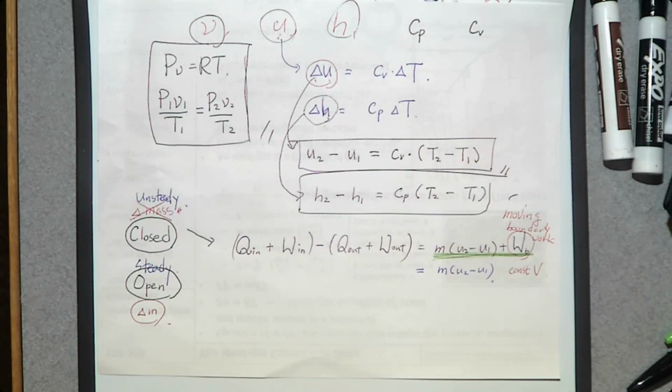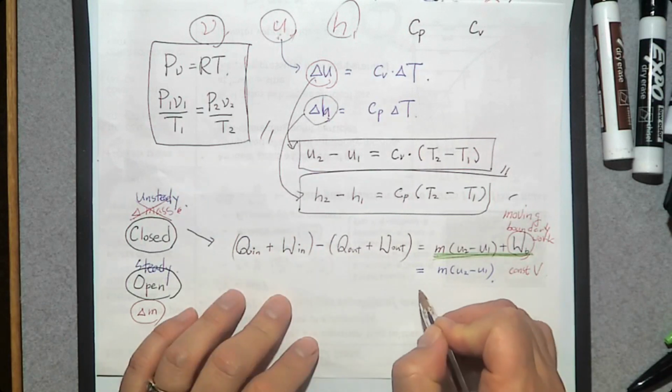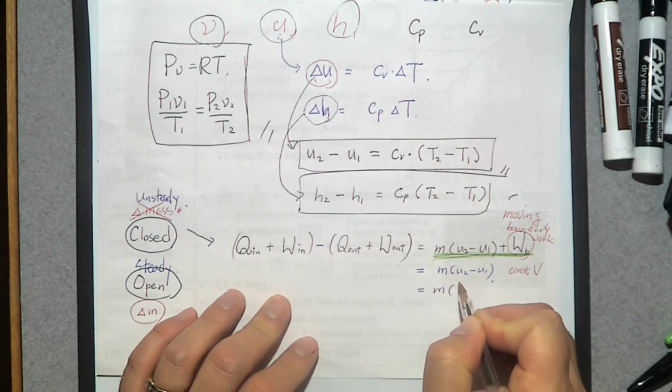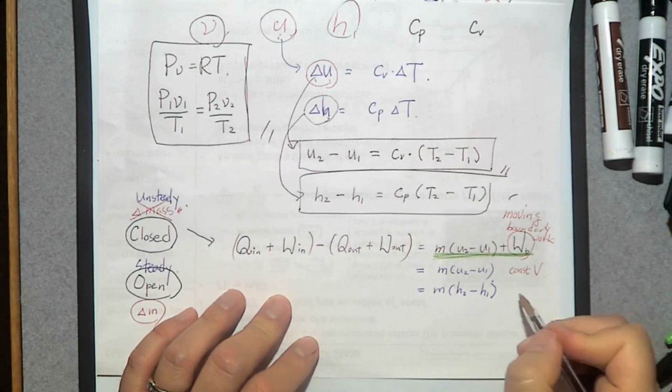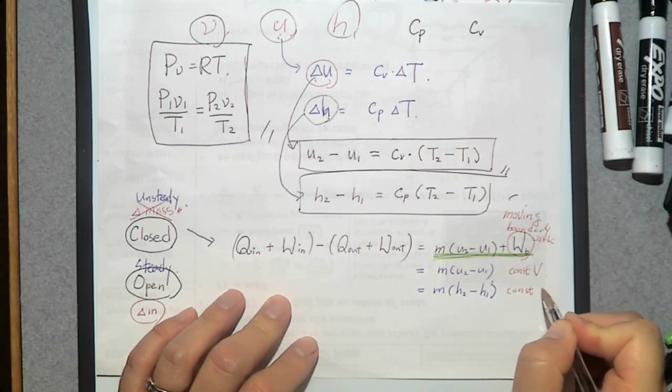So our life is a constant pressure process as long as we breathe, because the atmospheric pressure is almost constant. In that case, we can use mass times (H2 minus H1). That is for a constant pressure process only.